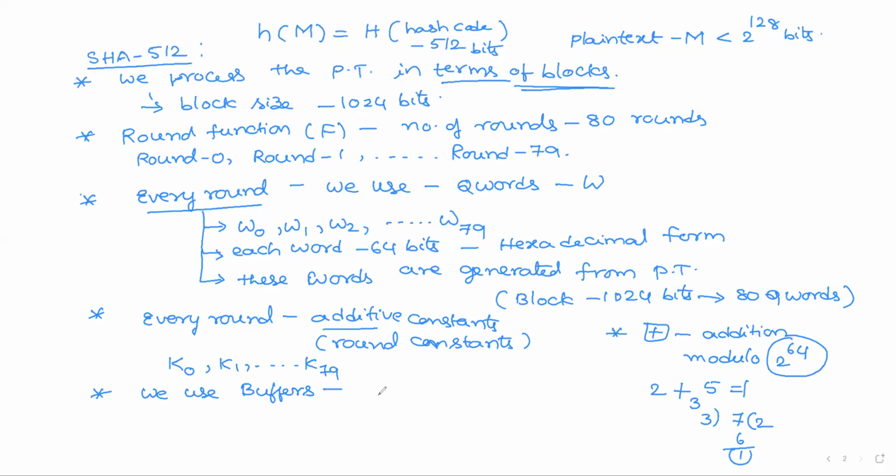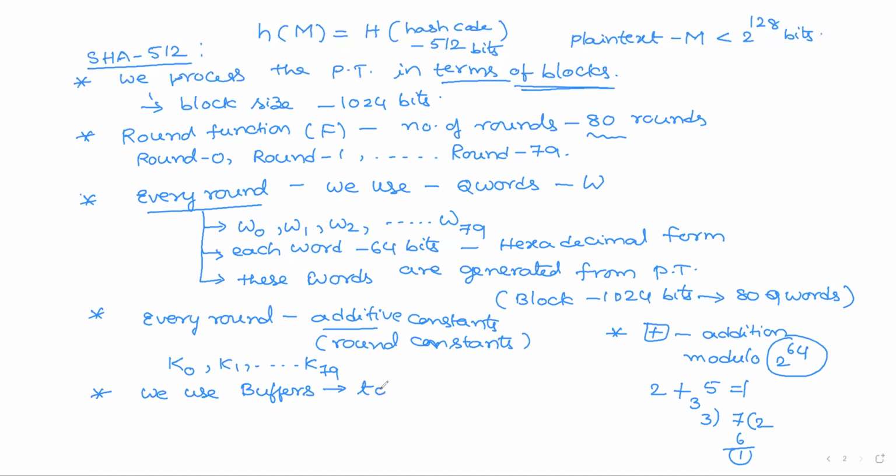So in this algorithm, we have a total of 80 rounds. While performing the different round operations, why do we need these buffers?